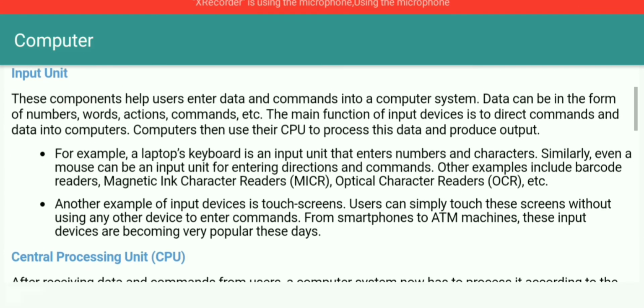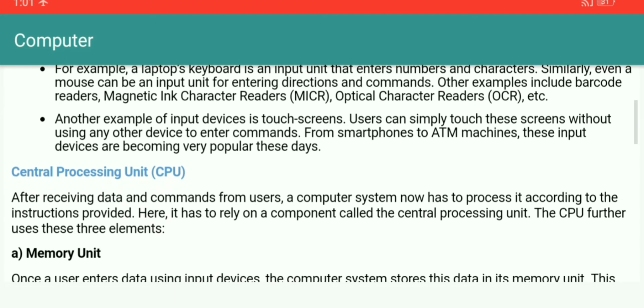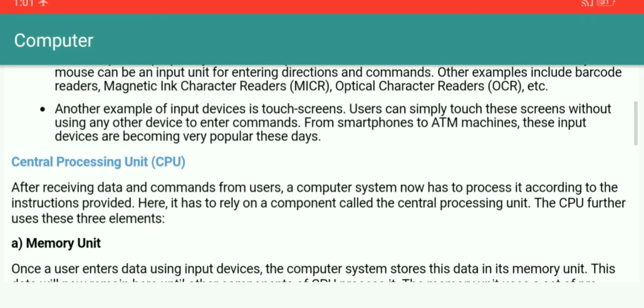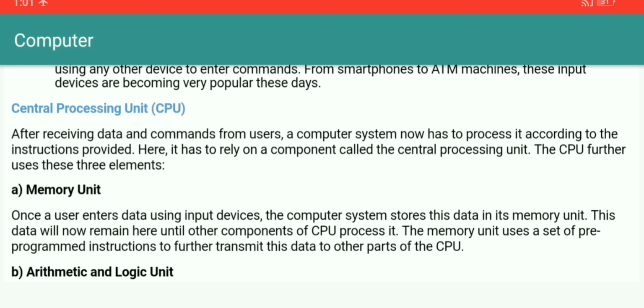So, si CPU naman or Central Processing Unit. After receiving data and commands from users, a computer system now has to process it according to the instructions provided. Here, it has to rely on a component called the Central Processing Unit. The CPU further uses these three elements. So, ano yung three elements ng CPU?